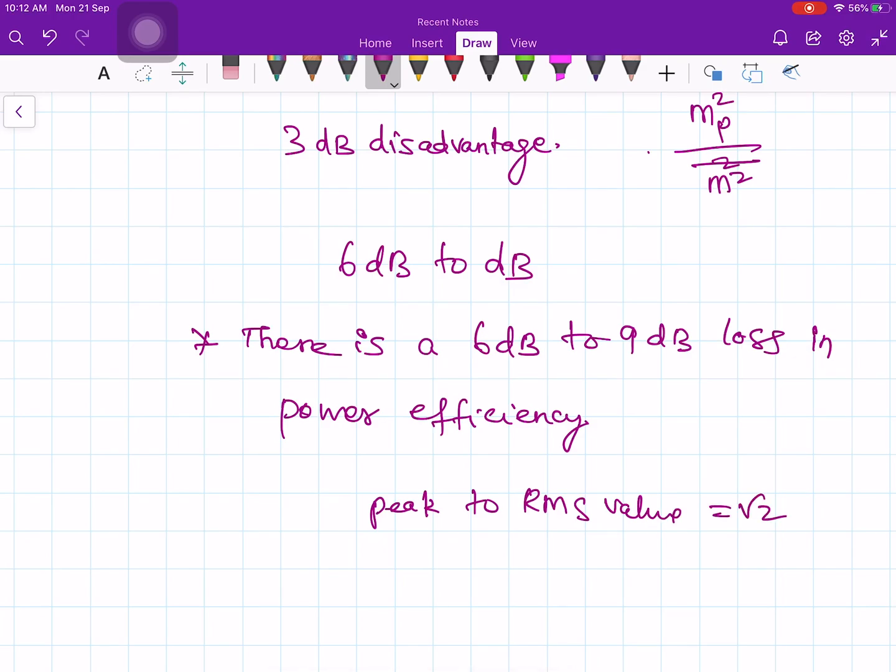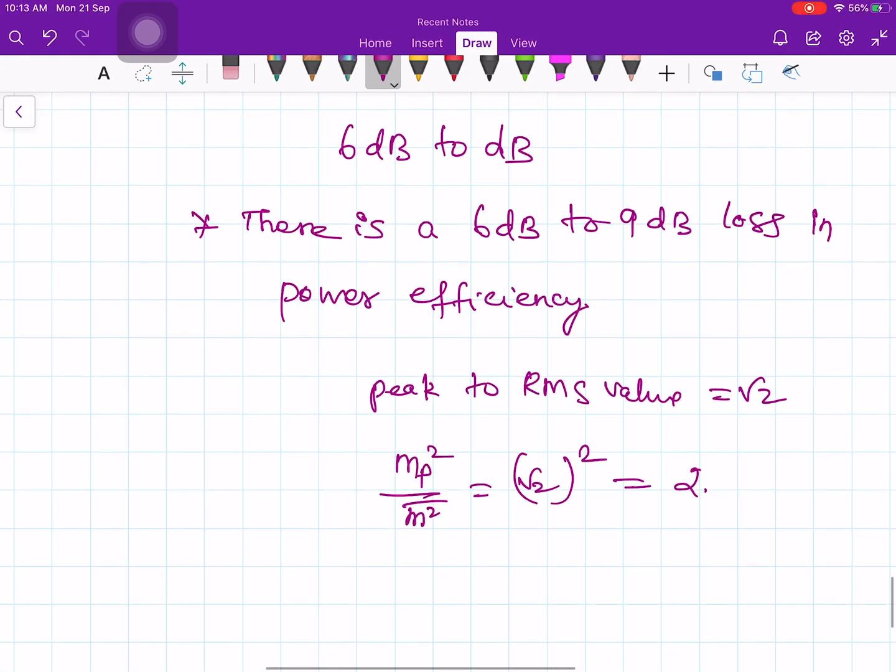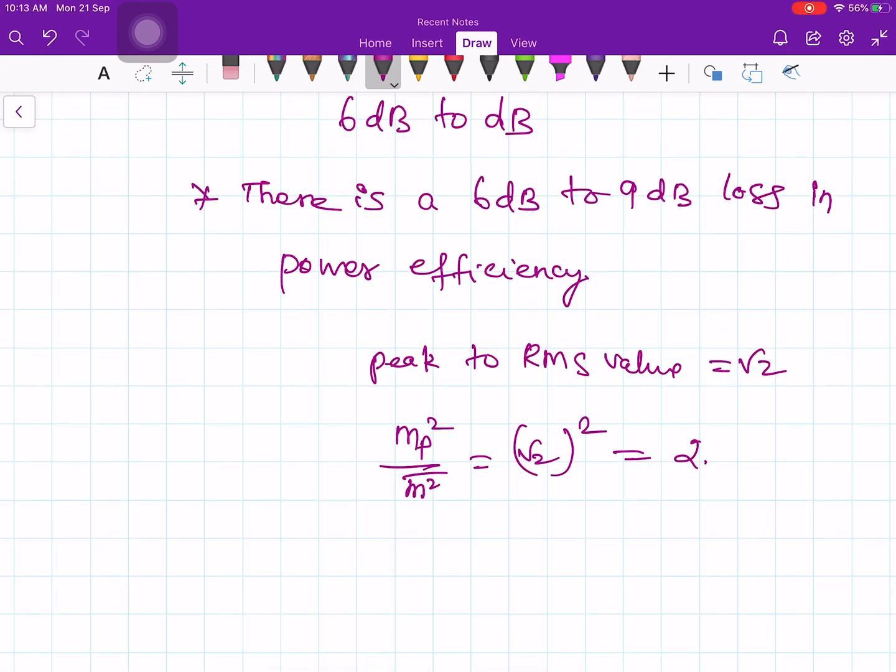That means mp by m square bar is equal to root 2 the whole square, which is 2. So instead of mp square by m square bar equal to 1, we have mp squared by m squared bar equal to 2 now.